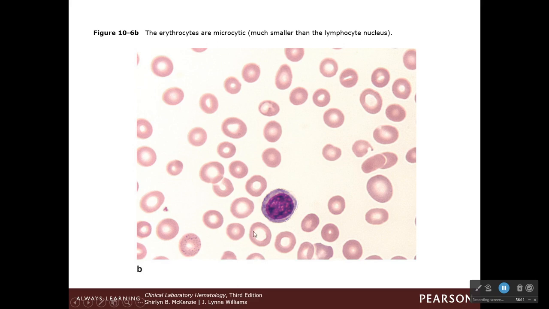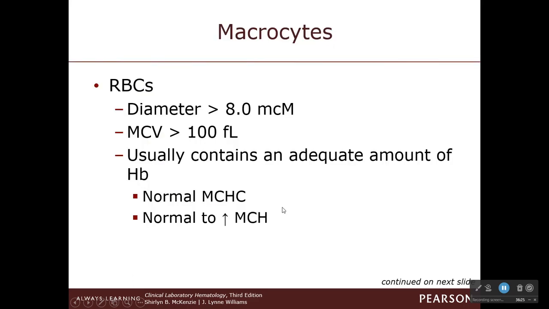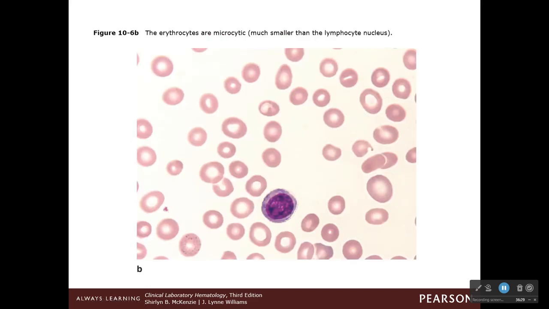But if I take these cells, this cell, this cell, this cell, this cell, this one and this one, that one, that one, and that one, and I put them over on top of that nucleus, they're going to be a lot smaller. Okay? You said this was anemia? Yeah, this is what iron deficiency looks like.